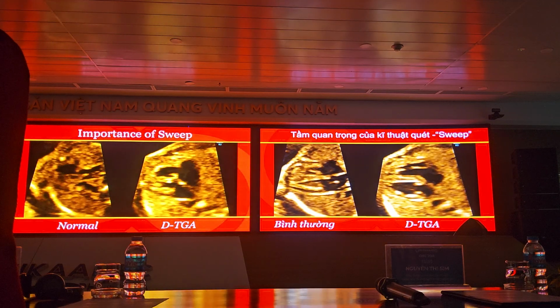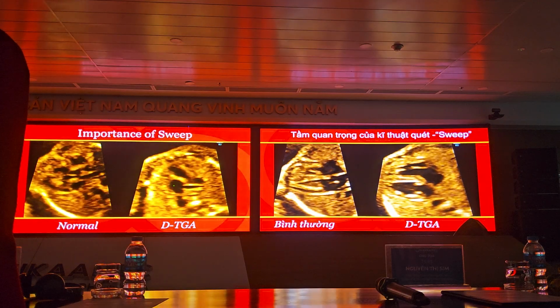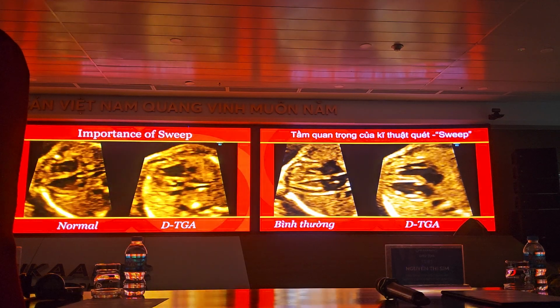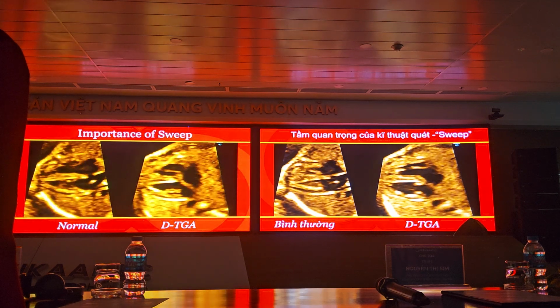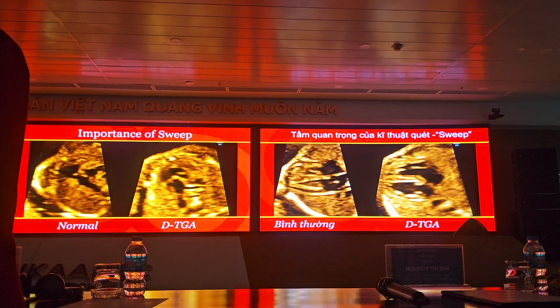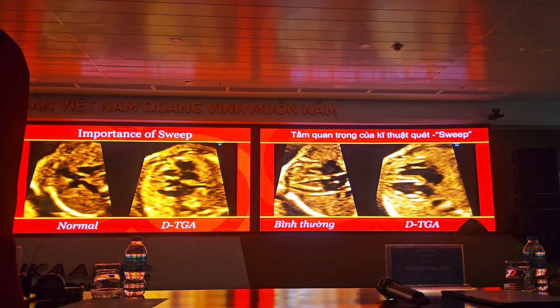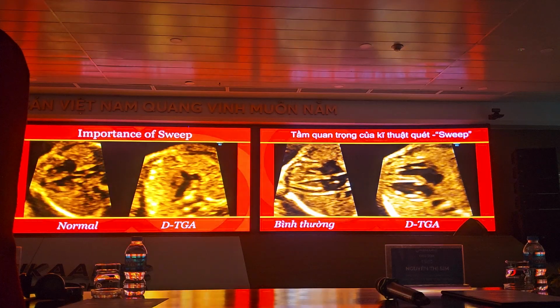If you follow it though, you can see the artery that comes off the left ventricle goes straight down posteriorly and bifurcates. The one from the right ventricle comes across and then turns over here, like a pulmonary artery would. So I think the key to detecting transposition is doing a sweep from the 4-chamber through the outflow tracts.